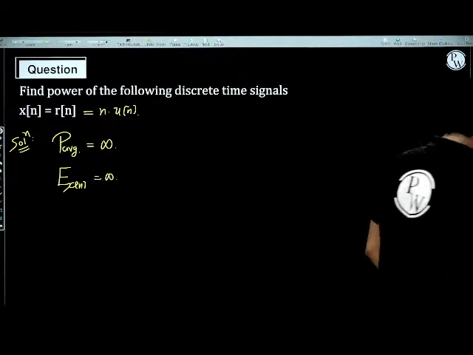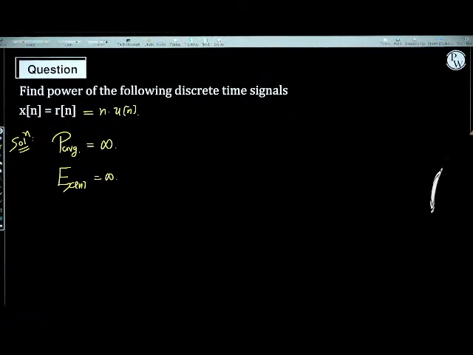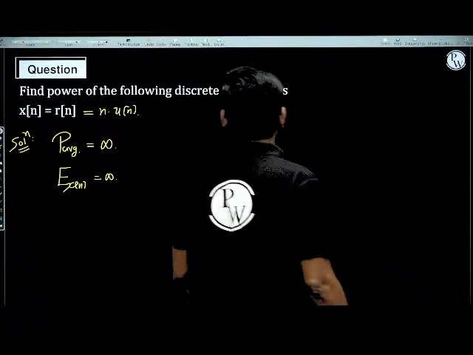Any doubt in this? Is this clear to each and everyone? Done? Okay, very good.